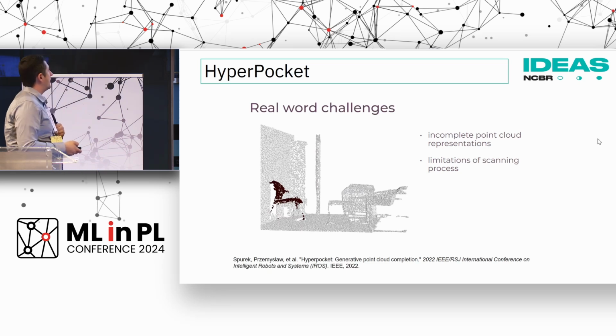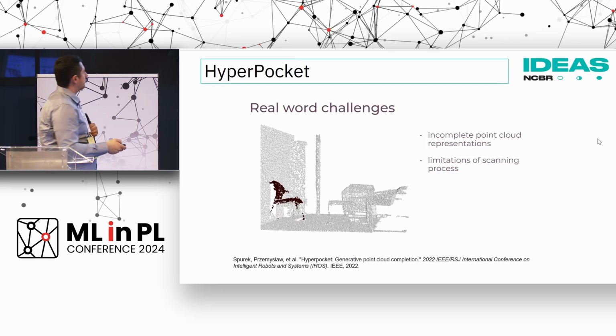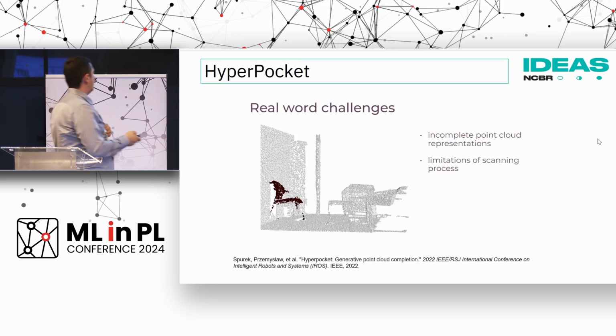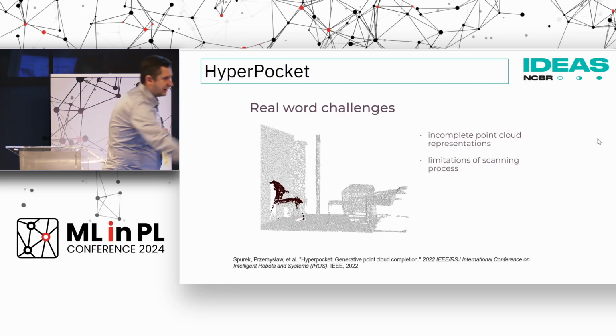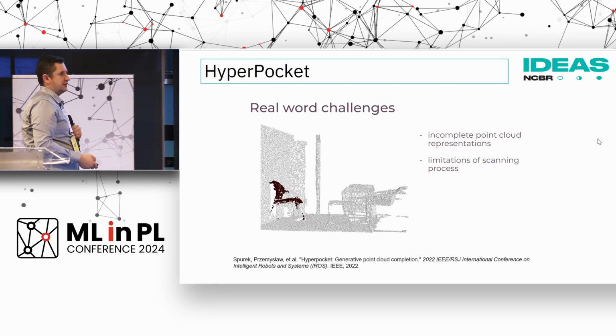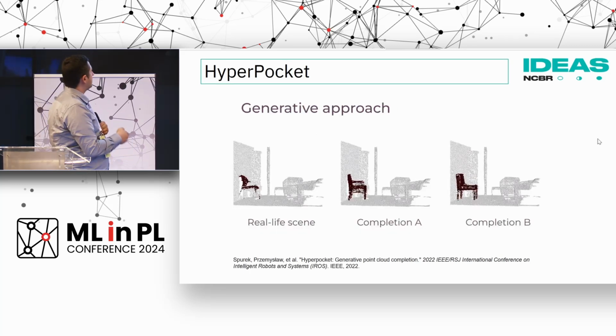So we try to generalize to real objects. When you scan some object, for example, here, some parts are scanned partially, because you don't have enough time to go around each element of the scan. So you have only part of the element. So we decided to produce a model which is able to generate the missing parts. But sometimes it's not obvious what exactly is here.